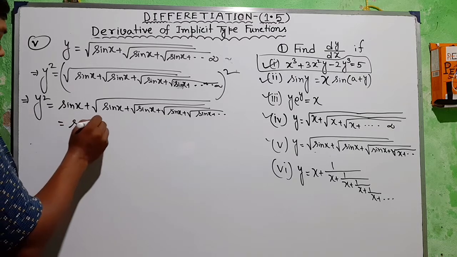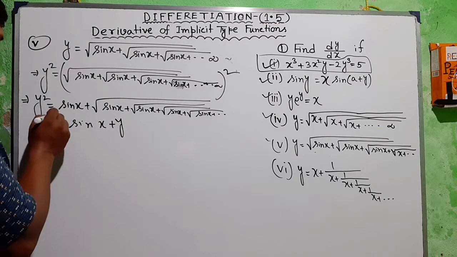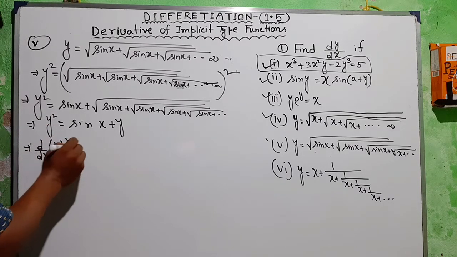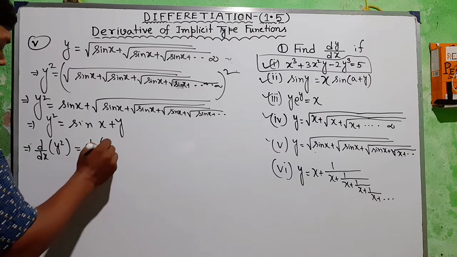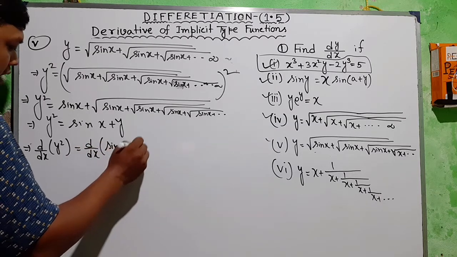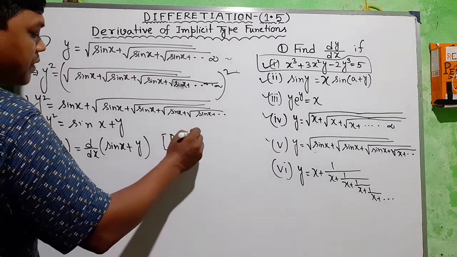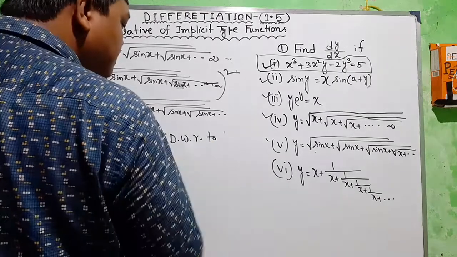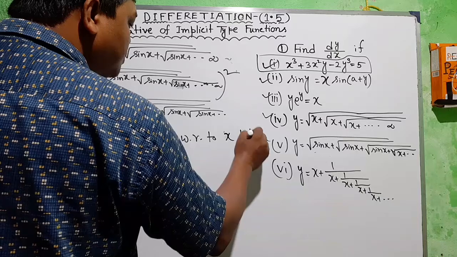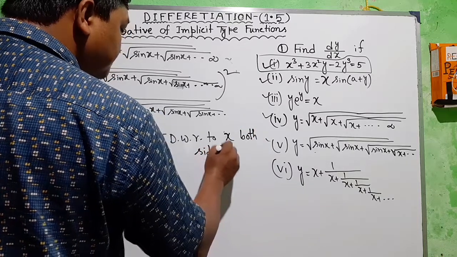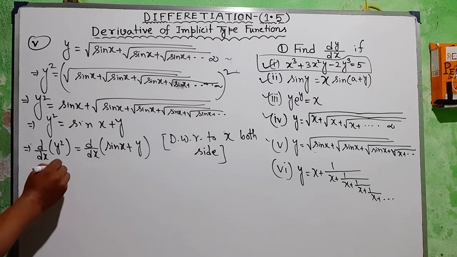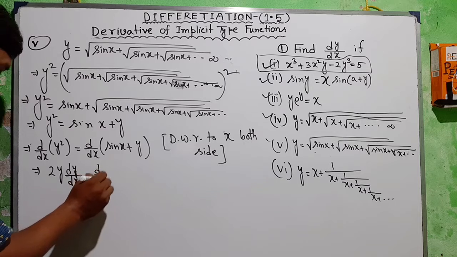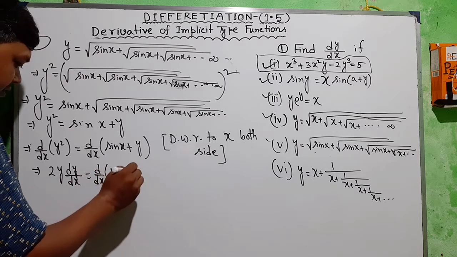So y squared equals sin x plus y. Now differentiate both sides with respect to x. d/dx of y squared equals d/dx of sin x plus d/dx of y. So this is 2y dy/dx equals d/dx of sin x plus dy/dx.